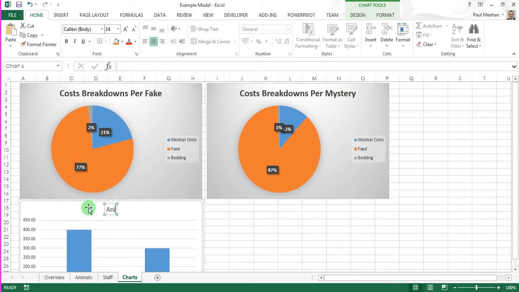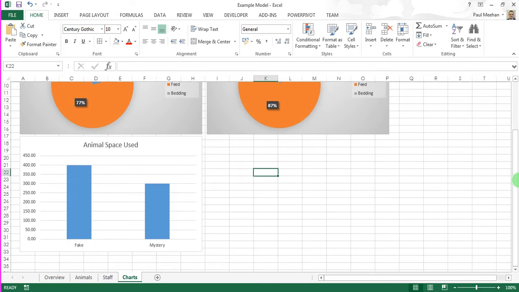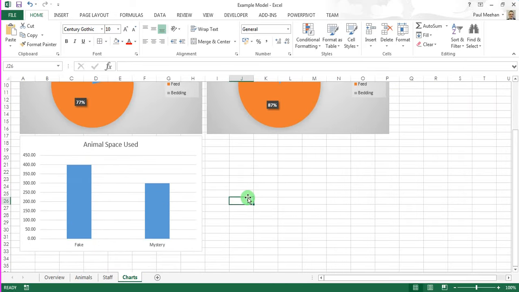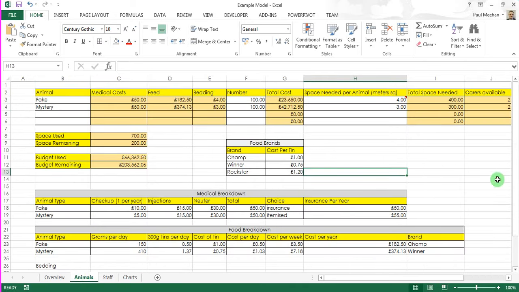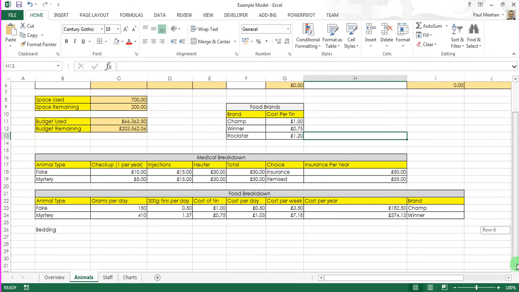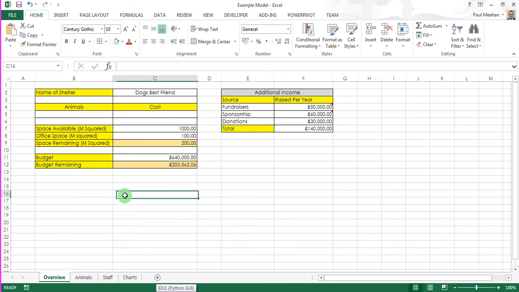Animal space used. Okay, so we can see that fakes are taking up more space than mysteries. Anything else we could do? Overview.